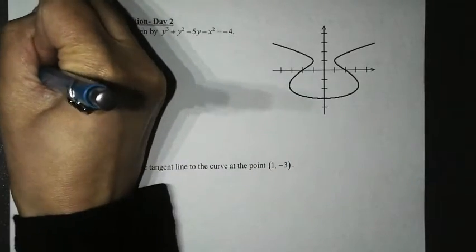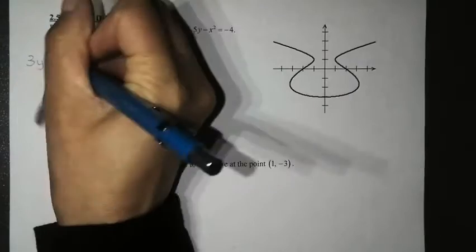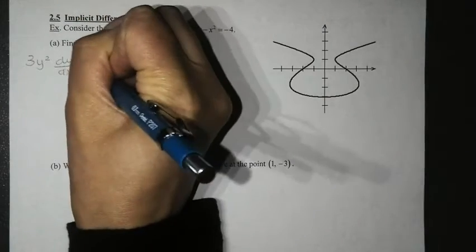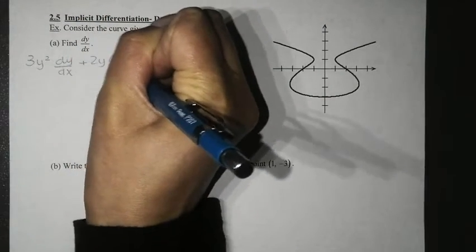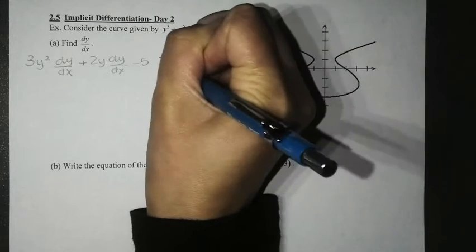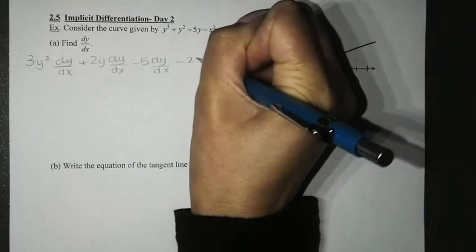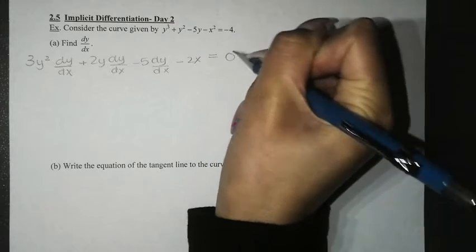So you know that it's going to be 3y squared dy/dx plus 2y dy/dx. Then you have -5 dy/dx, -2x, and the right side equals 0.